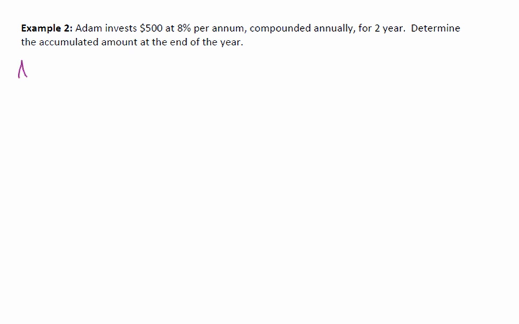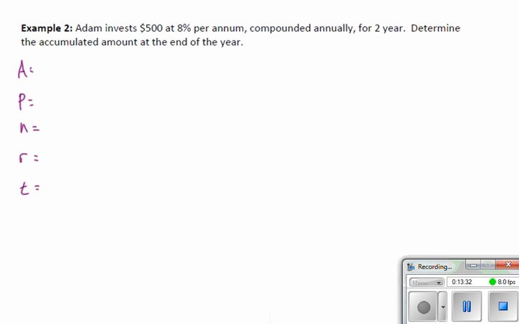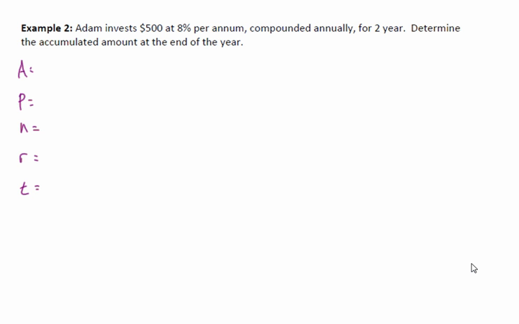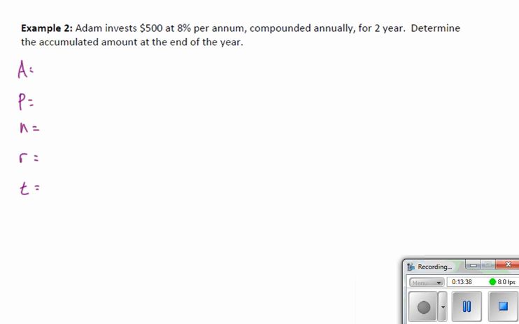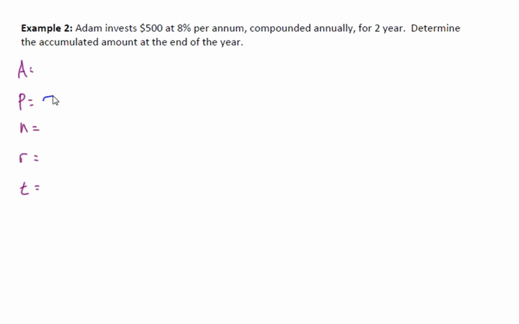So again, start by making your APNRT. How much was the amount invested? The principal, 500. Okay, invested 500. Number of compounds per year? Compounded annually, so that's once per year.